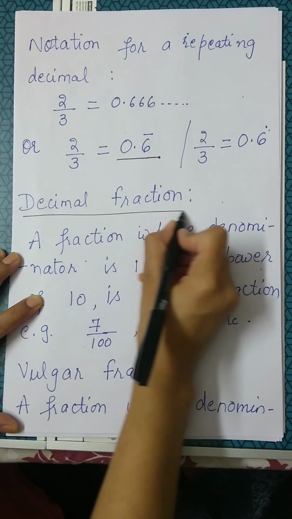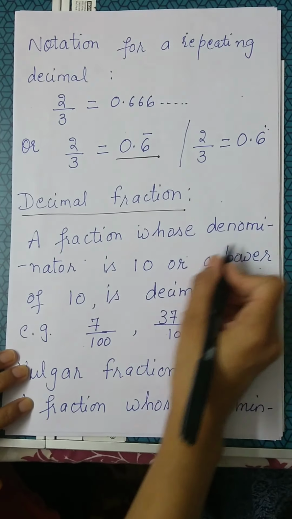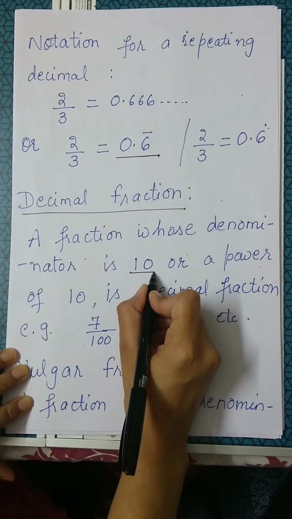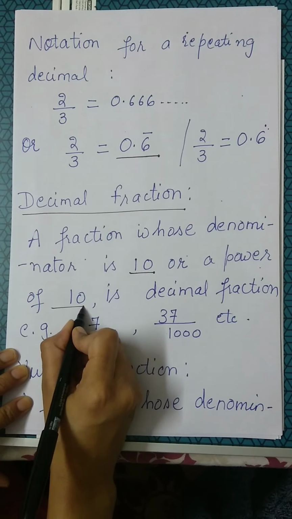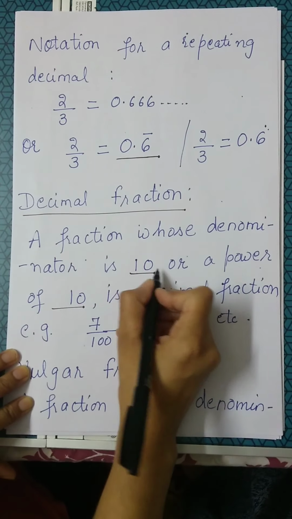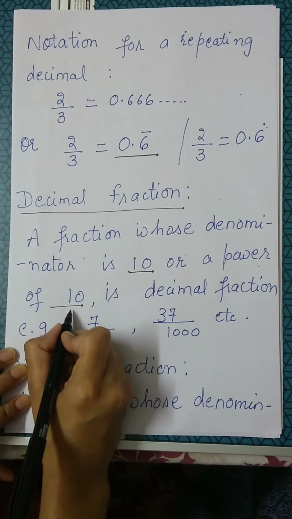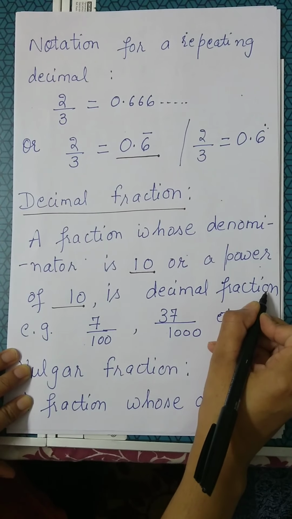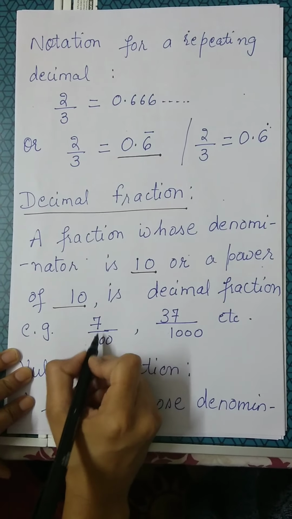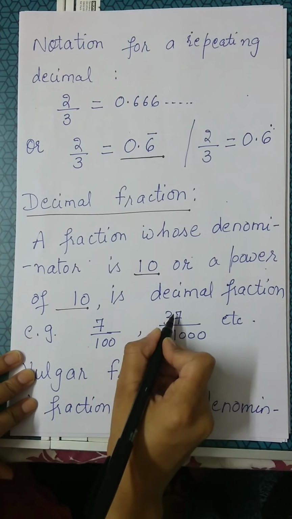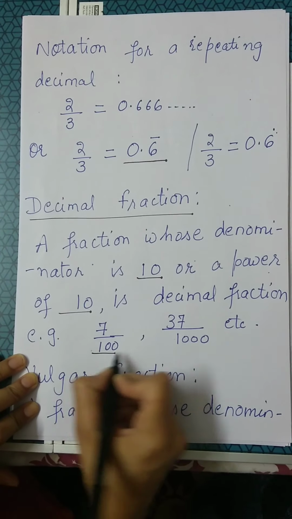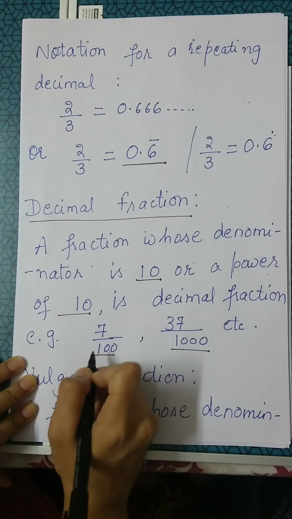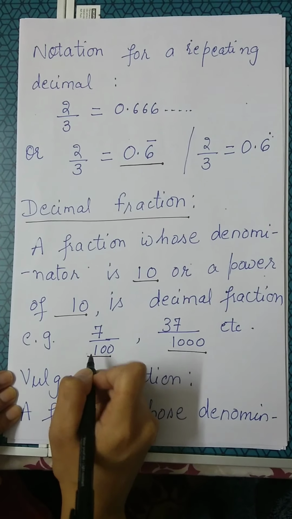Now decimal fractions. A fraction whose denominator is 10 or a power of 10. That means it can be 10 or an exponential power of 10. That will be the decimal fraction. For example, 7 upon 100, 37 upon 1000. The denominators are in the powers of 10 and so on.